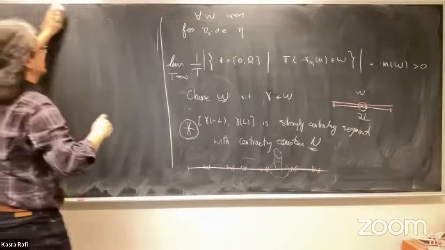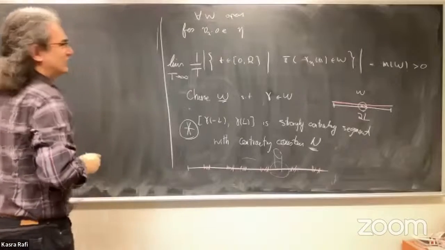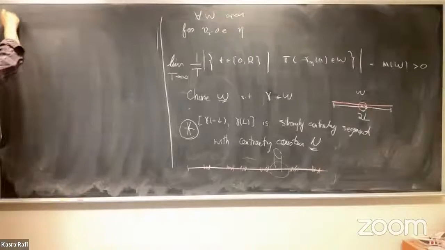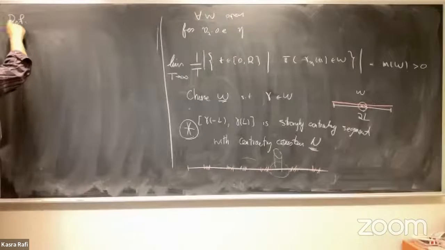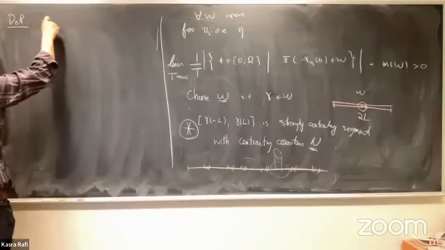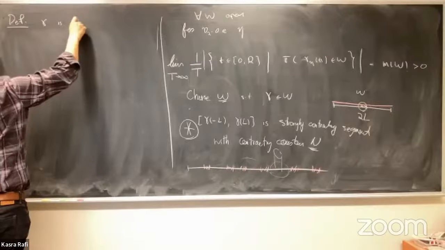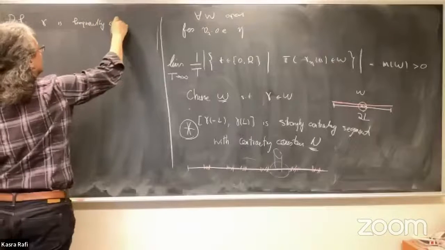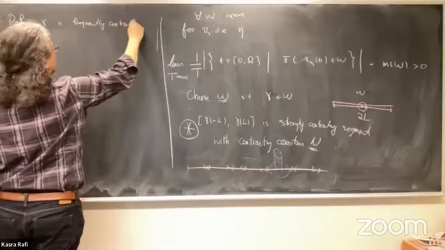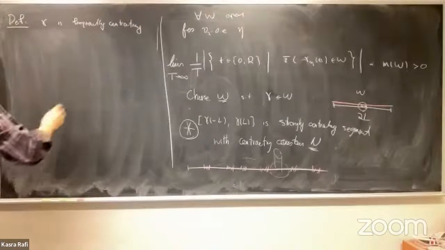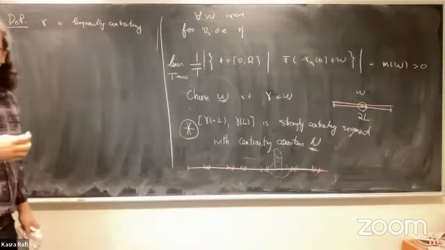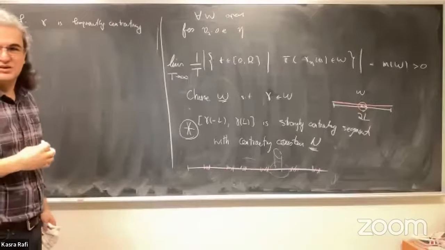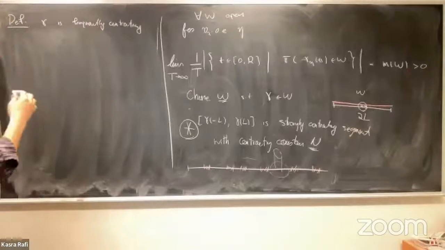I want to say that this condition, which I write as star, actually implies something slightly stronger, which I call frequently contracting. So I would say gamma is frequently contracting. I want to upgrade this for free to something which resembles the sublinear type of behavior.